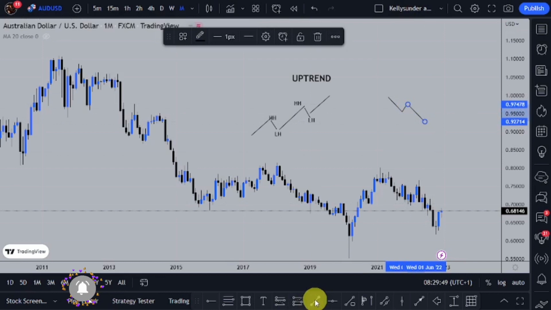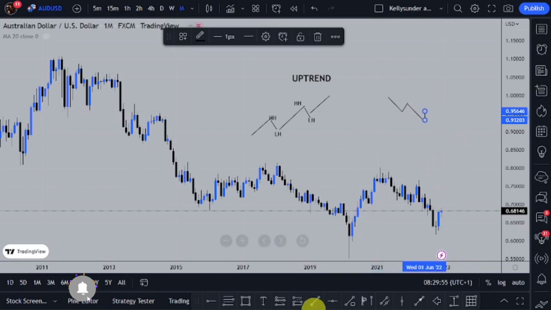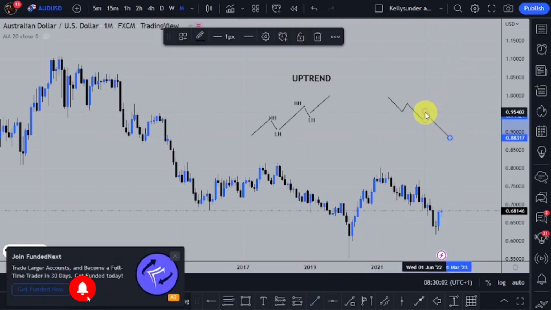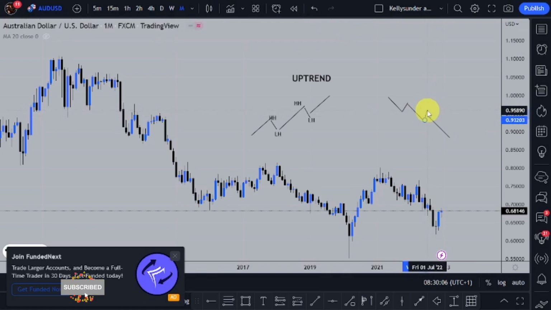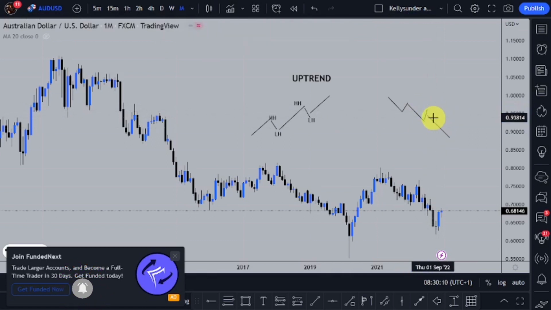I'll also be talking about break of structures very, very soon. Then you see another retracement. Please just understand my sketch, okay? It shouldn't be that perfect. I will try my best. I'm not an artist, I'm a trader. Basically, I'm teaching you guys, so I'll try to make everything perfect.